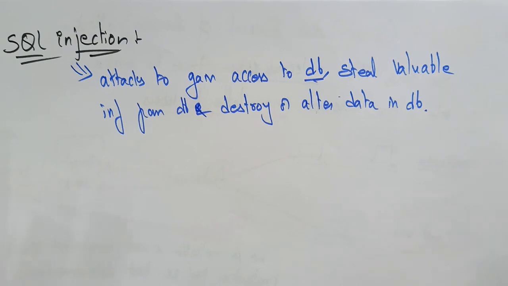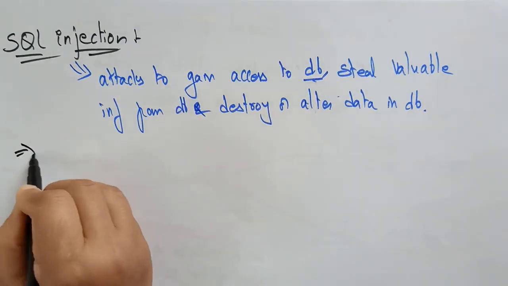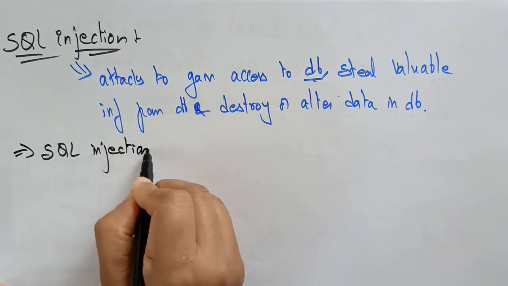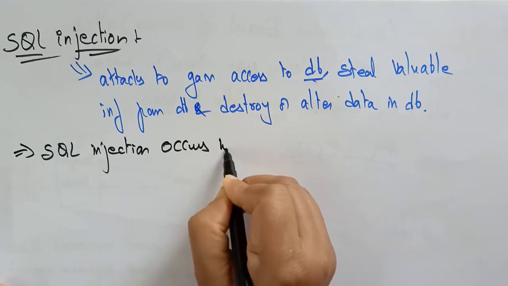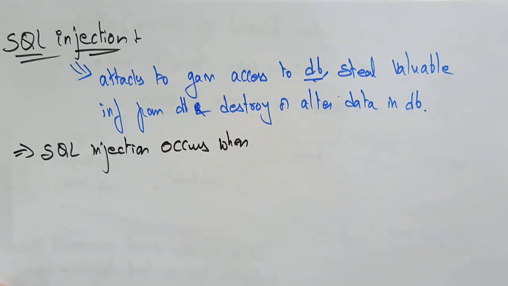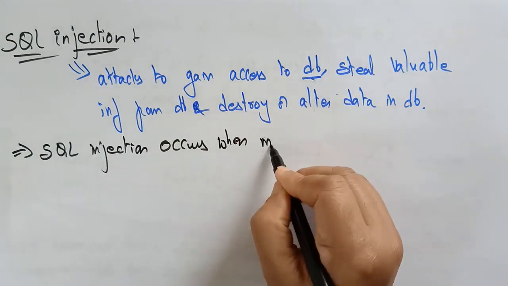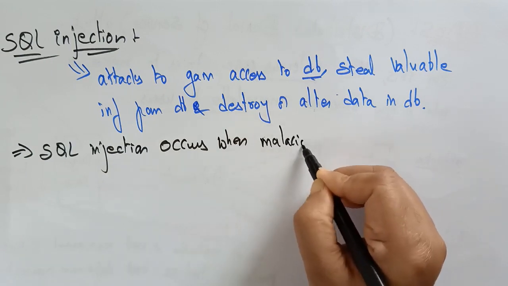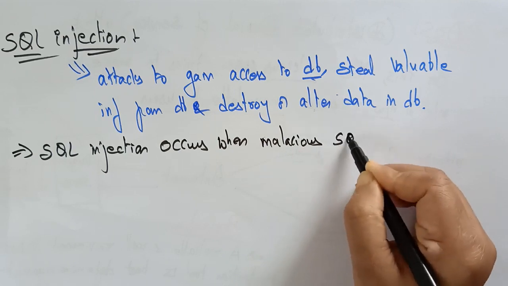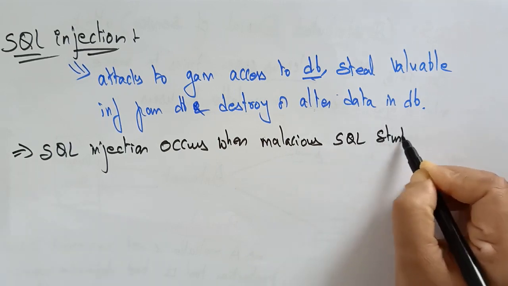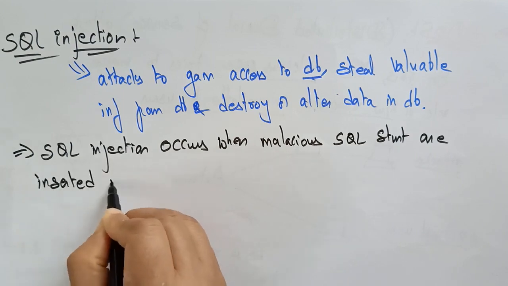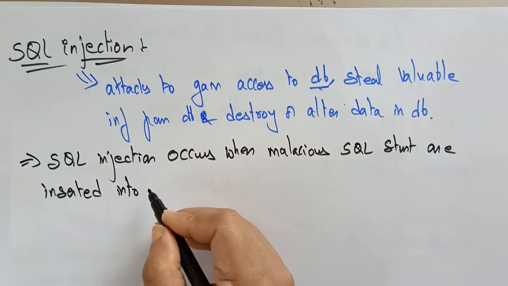So how does the SQL injection actually occur? Let me explain. SQL injection occurs when malicious SQL statements, meaning unwanted statements containing malicious code, are inserted into form fields.